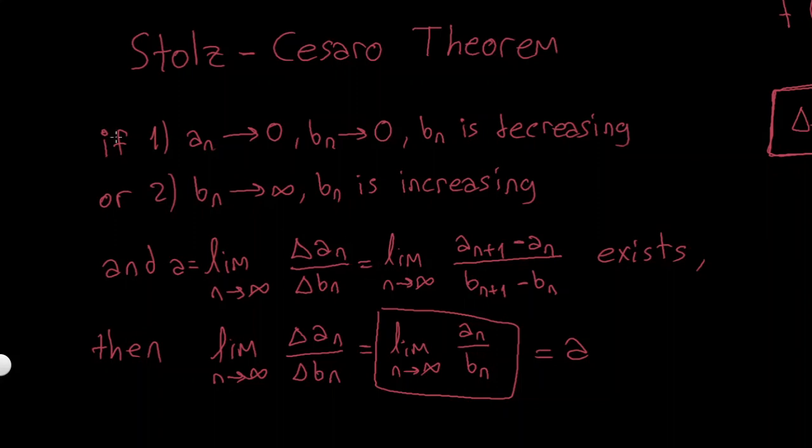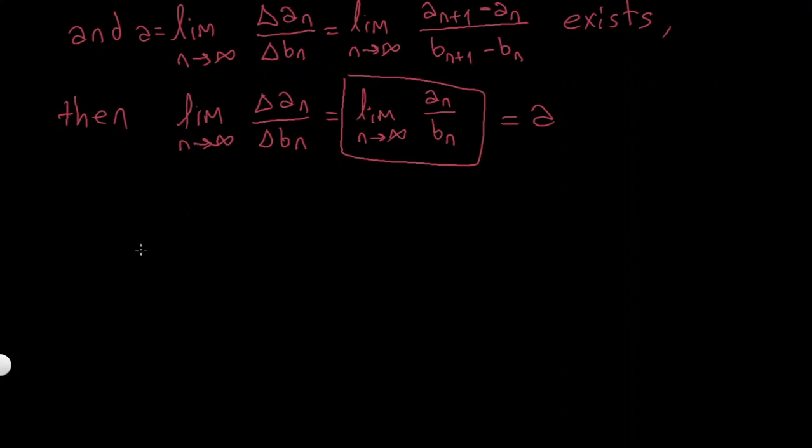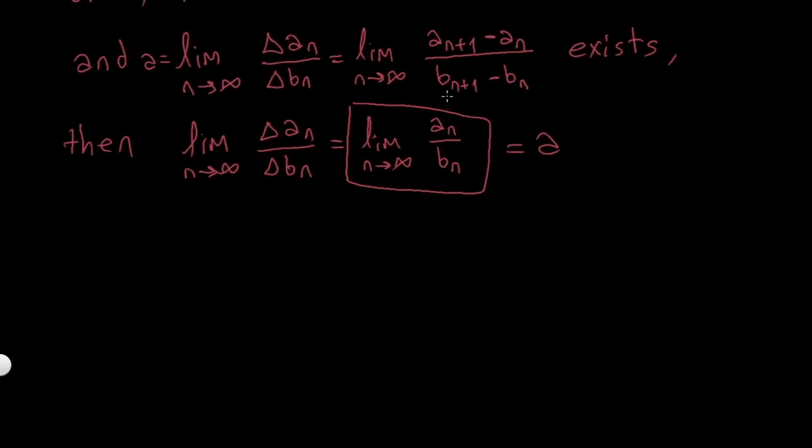My goal is to prove the first case. I'm going to say if this limit exists, it's equal to a. I'm going to use these conditions: an goes to 0, bn goes to 0 and it's decreasing. And in the end, I'm going to prove that the limit of an over bn is equal to 0. So first, I know that this limit of an plus 1 minus an over bn plus 1 minus bn is equal to a. What can I say by the definition of limits?